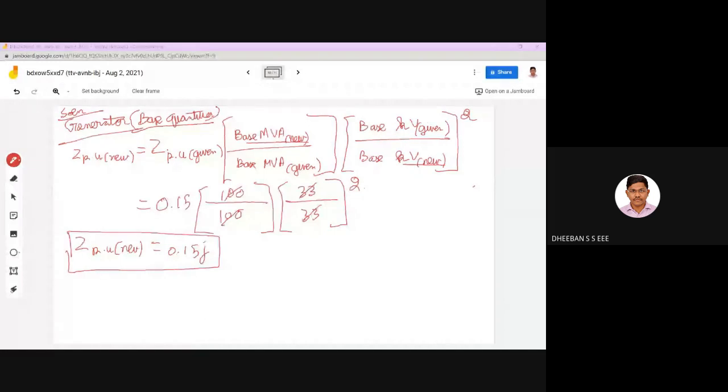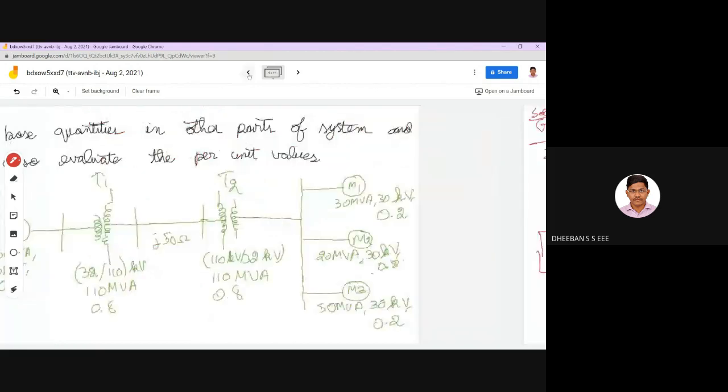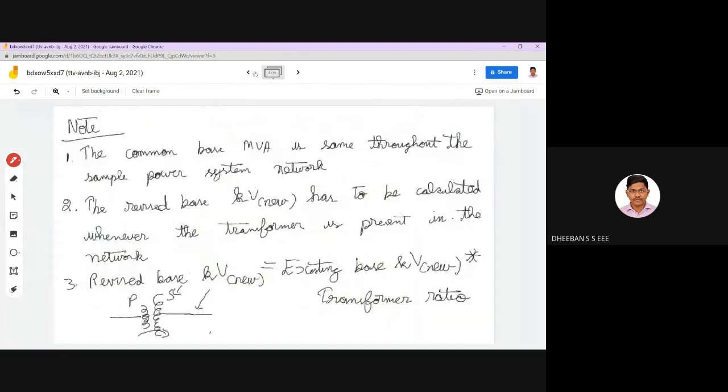If possible, you try for the others also, just try for your motor load and motor load transformer too. Give it a try based upon the notes I have given. The 3 points are there in the notes. Based upon the second and third points, try for your transformers T1 and T2.